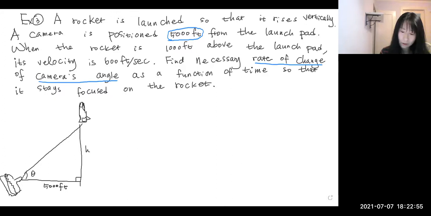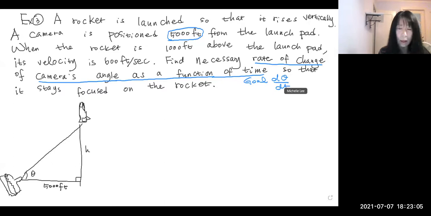So our goal is d theta over dt because they said as a function of time, right? So let me write this one. So the goal is d theta over dt. Okay, now how do we find it, from where I'm standing here, right? So in terms of angle theta, which trigonometric function do we have to use?